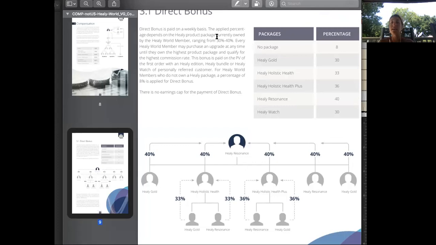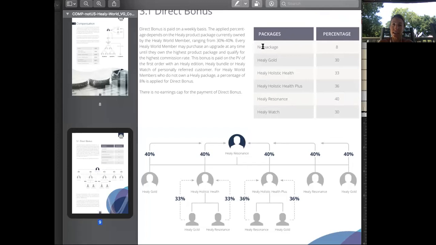So in non-US countries, your percentage paid depends upon what you currently own. If you own a gold, you earn 30% of the PV of whatever you sold. And then if you own a Resonance, you earn 40% of the PV of whatever you sold.